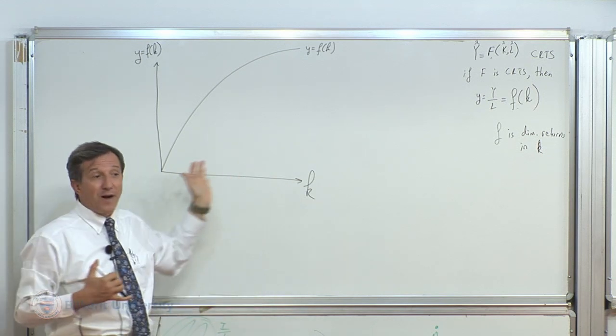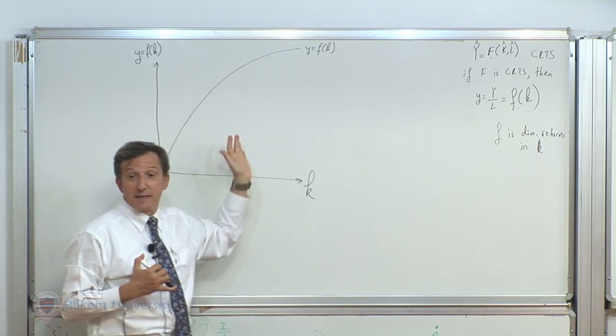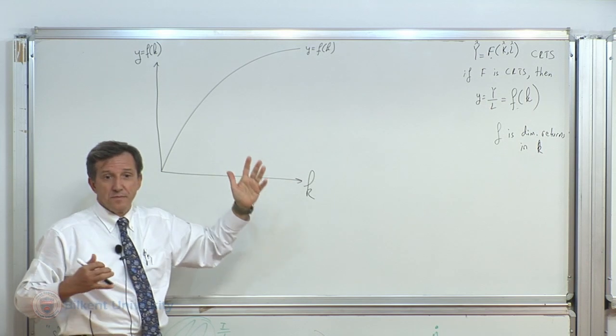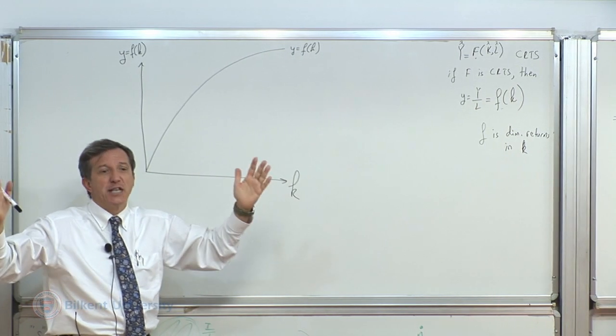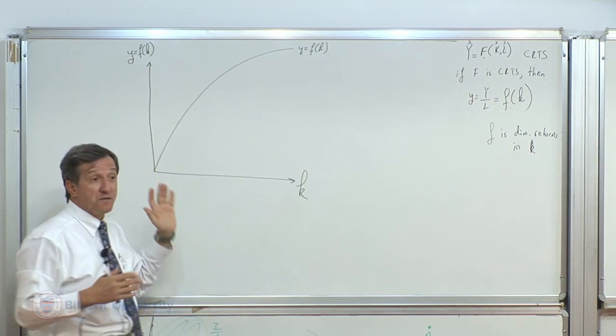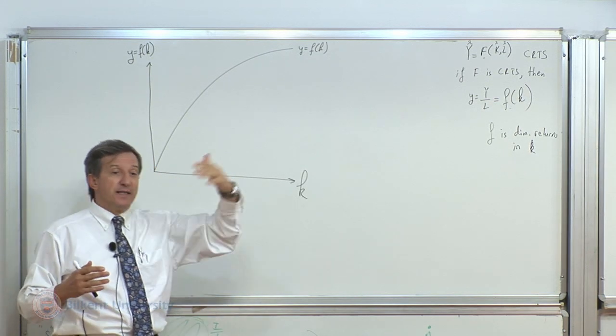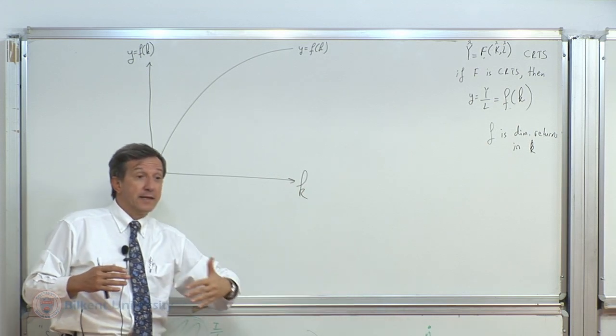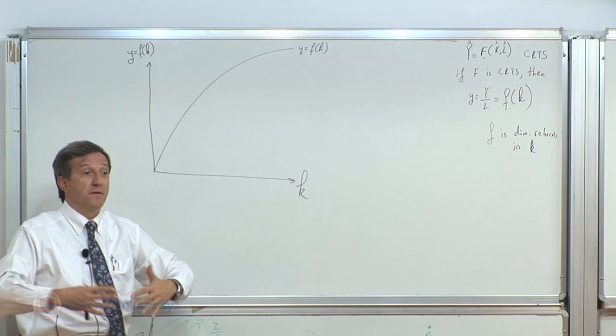Why am I drawing this in this fashion? Simple answer. I assumed so. I assumed that the production function is of diminishing returns to capital. And the power of that assumption now follows.